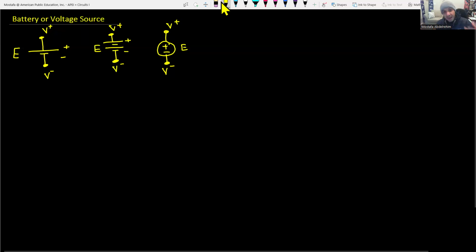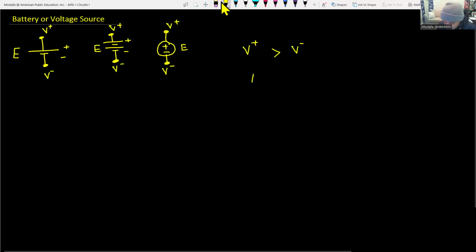So for the battery to do its job, it should raise the positive voltage by a certain amount, which is the battery voltage. That means V positive is higher than V negative. How much higher? By the battery voltage.